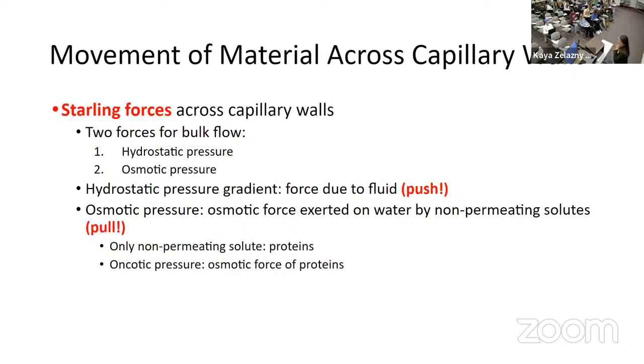Okay. So we're going to have two types of forces. It says just two forces, but we're actually overall going to be adding and subtracting kind of four things. So we're going to say that we have two types of forces for now. We're going to have hydrostatic pressures, and we're going to have osmotic pressures. Okay.